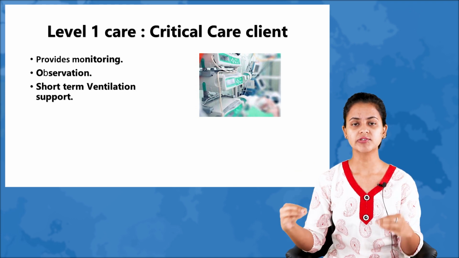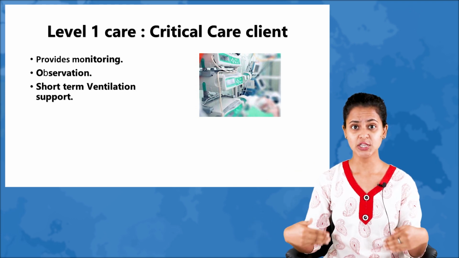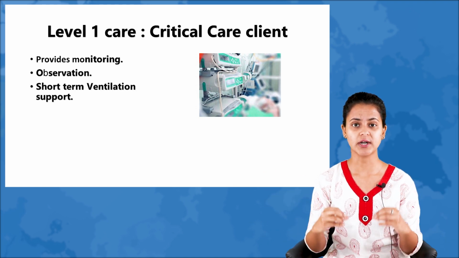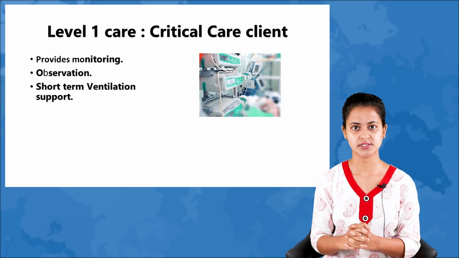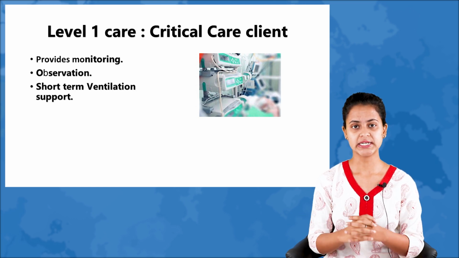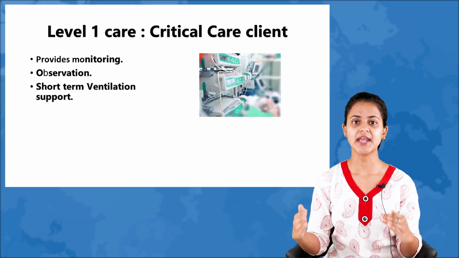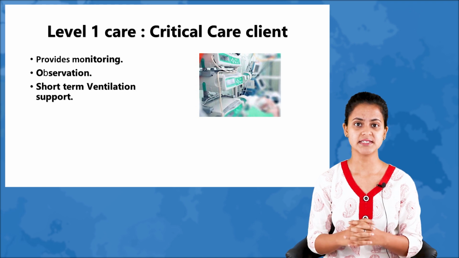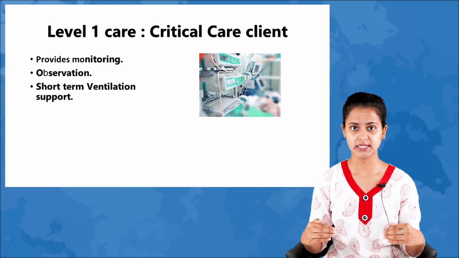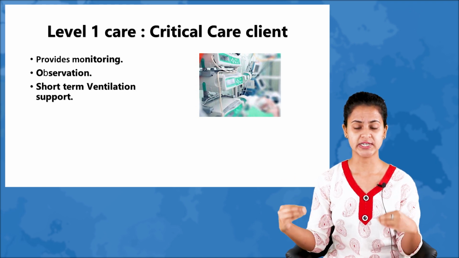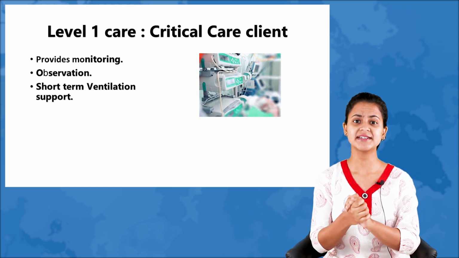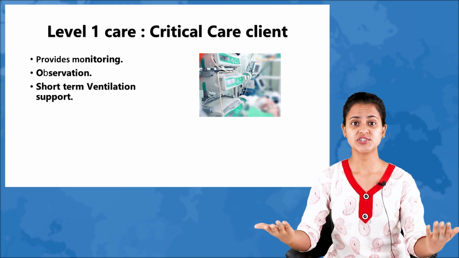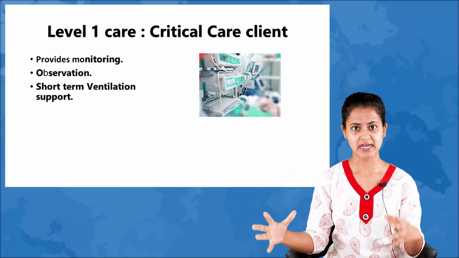Now, in a level 1 critical care unit, the client will not have a very severely progressed disease condition or a very severe life-threatening condition. Generally, in a level 1 critical care unit, the nurse and client ratio would be 1:3, and the intensivist will not always be present or available, because the intensivist is only needed when there is an emergency in this kind of unit.